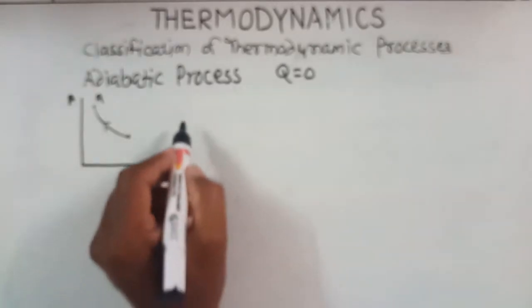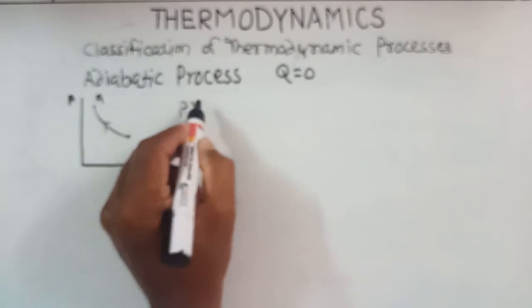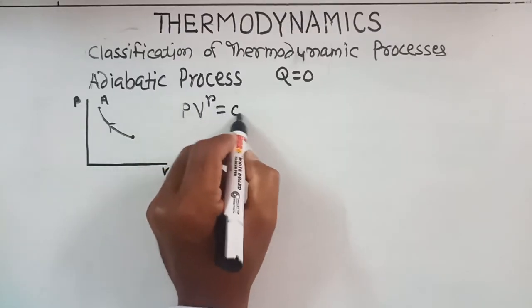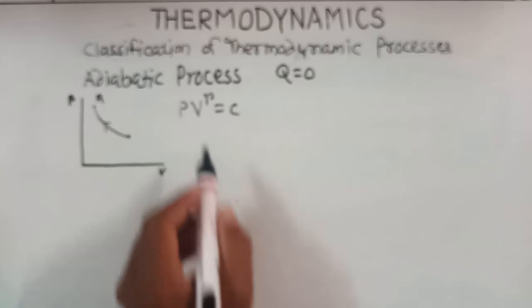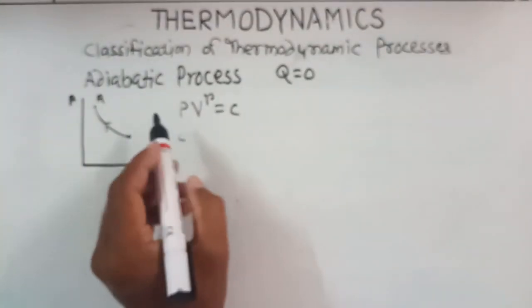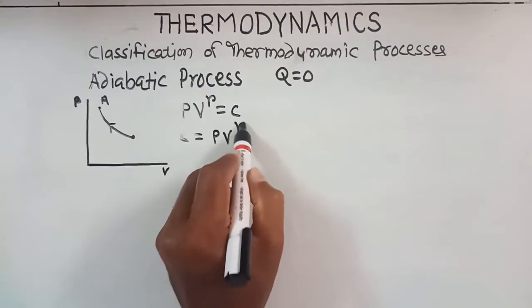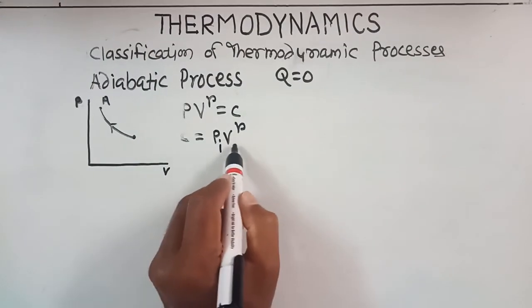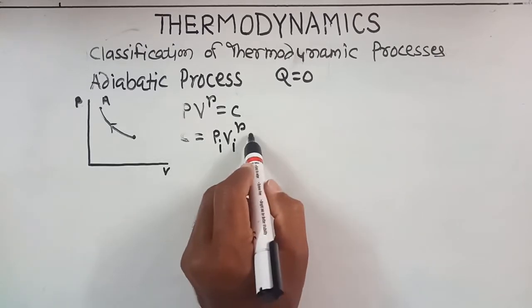For this adiabatic process, we have an equation P into V raised to gamma is equal to constant, where this gamma is the adiabatic ratio. From this equation, we may say that this constant C is equal to P into V raised to gamma, if the initial pressure is Pi and the initial volume is Vi.